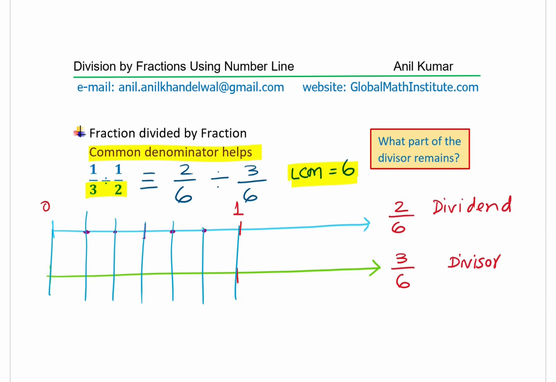Okay, so you could think about, let me just draw these lines to relate the two things. So that was the 0. So we have 2 out of 6 being divided by 3 out of 6. So 2 out of 6, each is 1/6. So this is 2 out of 6, and we have to divide this by 3 out of 6.